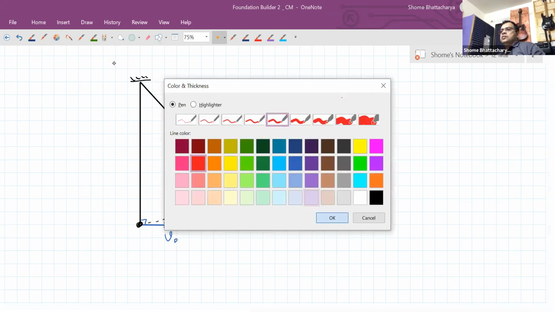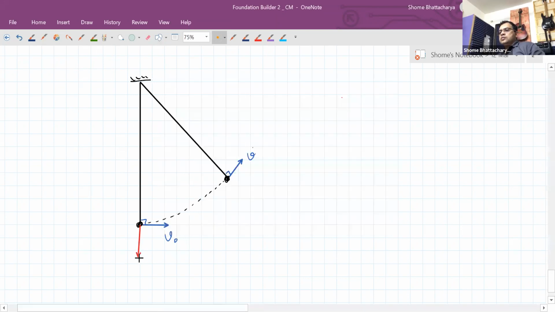So weight, tension. So this is a point we had taken as A and this is a point as B, and this angular displacement was theta.